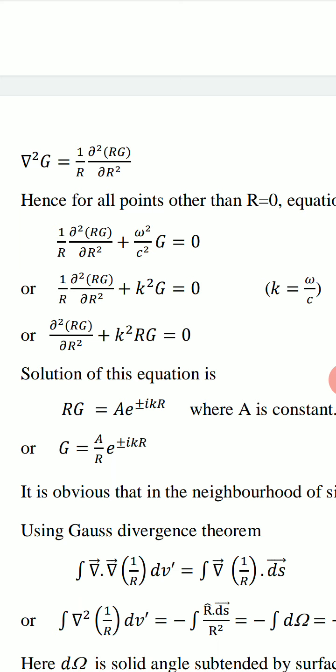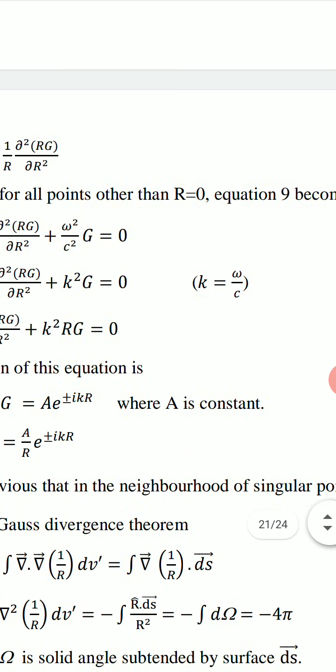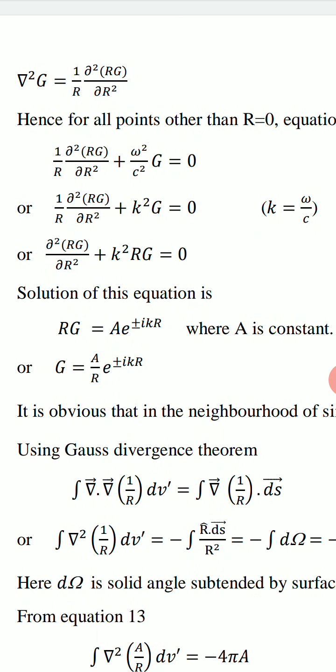So this equation is like that of the equation of simple harmonic motion, and its solution can be written as rg equal to a e to the power plus minus i k r, where a is a constant. So g, the Green function, now becomes equal to a upon r e to the power plus minus i k r.